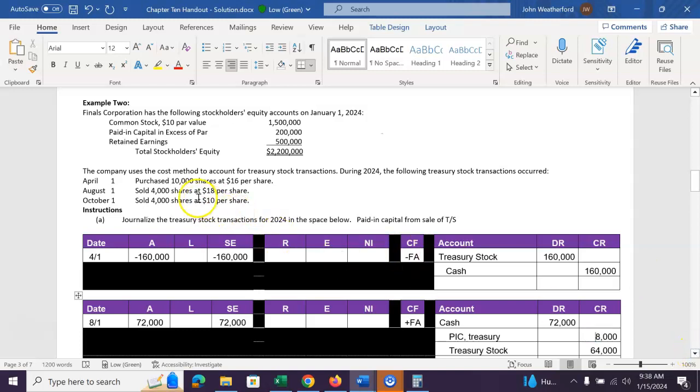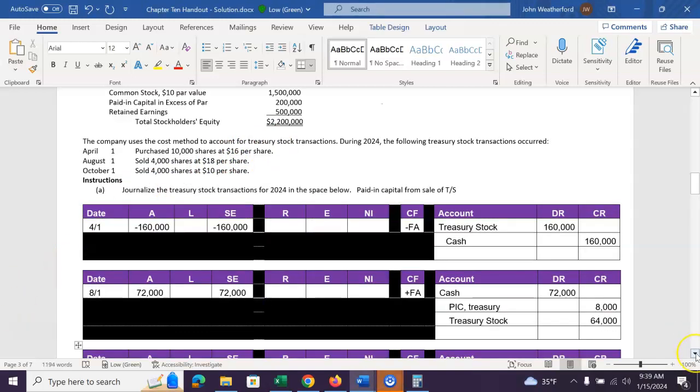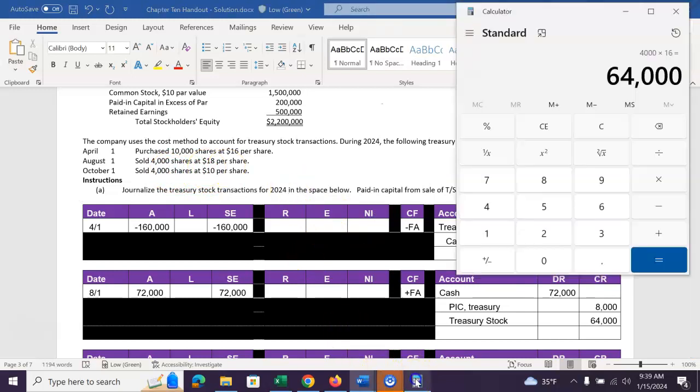Okay, next we've got a situation where they sold 4,000 more shares, but this time at $10 per share, so less than they bought it for originally. Okay, on this one, we're still going to debit cash for the amount received. That's not going to change. So 4,000 at $10 per share.